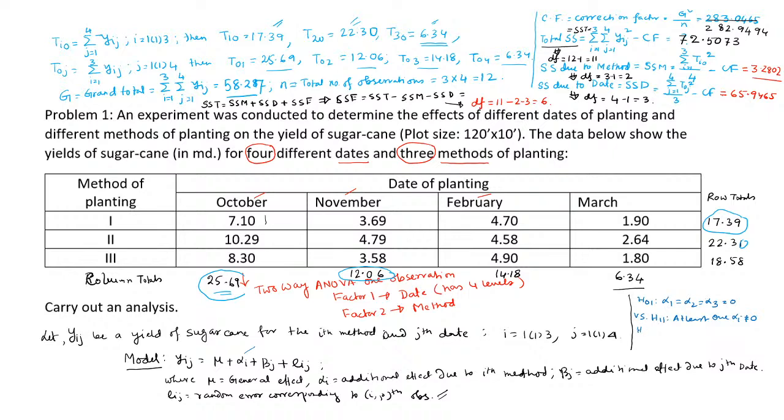And H02, this corresponds to date: beta 1 equal to beta 2 equal to beta 3 equal to beta 4 equal to 0, versus H12, at least one beta i not equal to 0. This is the null hypothesis, and these are the alternative hypotheses.